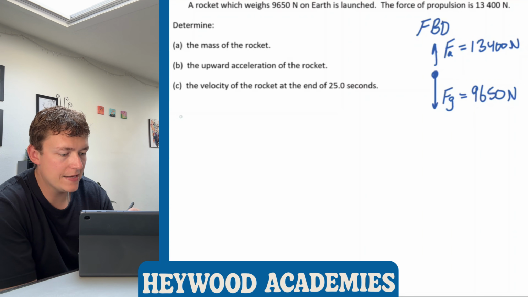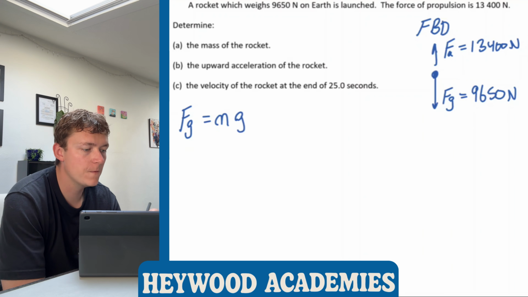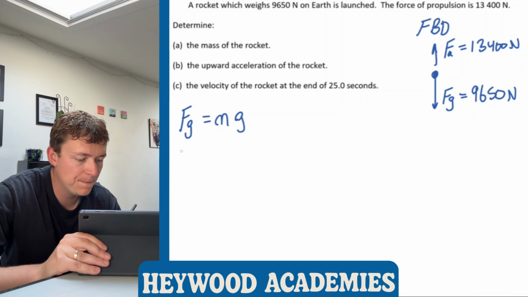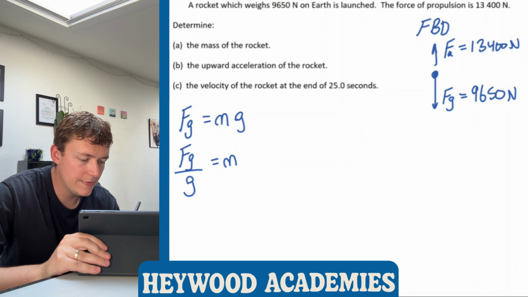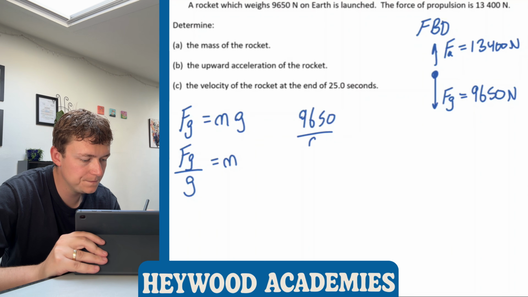Okay, so for the mass of the rocket, we can start with our force of gravity is equal to mass times g. We know the force of gravity is 9,650, and we know g is 9.8. So we can divide Fg by g to get the mass. So it'll be 9,650 divided by 9.8.